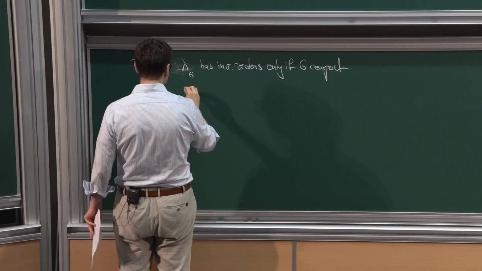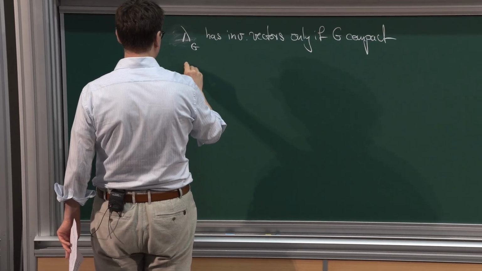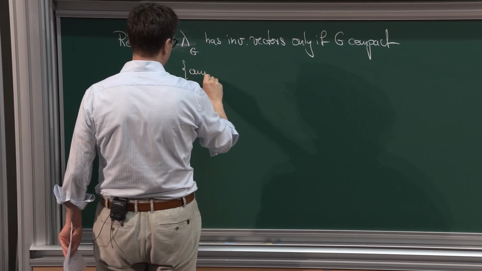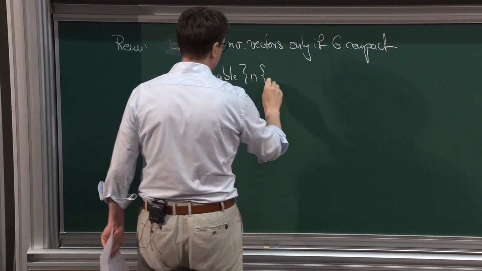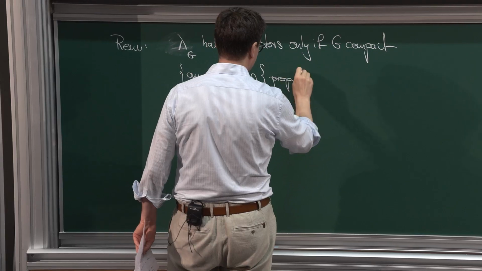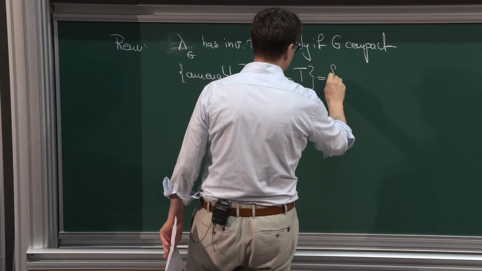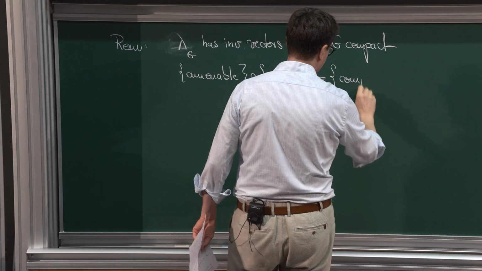And so the only groups that are both amenable and have property T are the compact ones.